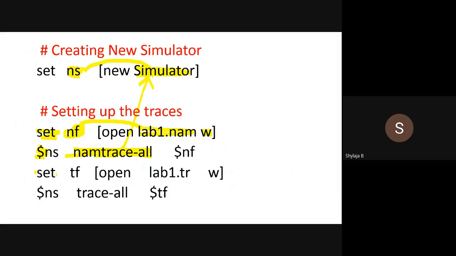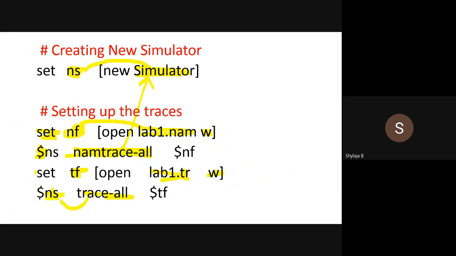Next, set tf open lab1.tr in write mode. When we run the simulation, it will generate some output, and that we want to store in a trace file with the extension .tr. So we are creating a trace file, open lab1.tr in write mode, and for this we have given a file descriptor tf. Then we are writing trace-all, which is a member function in the simulator class.